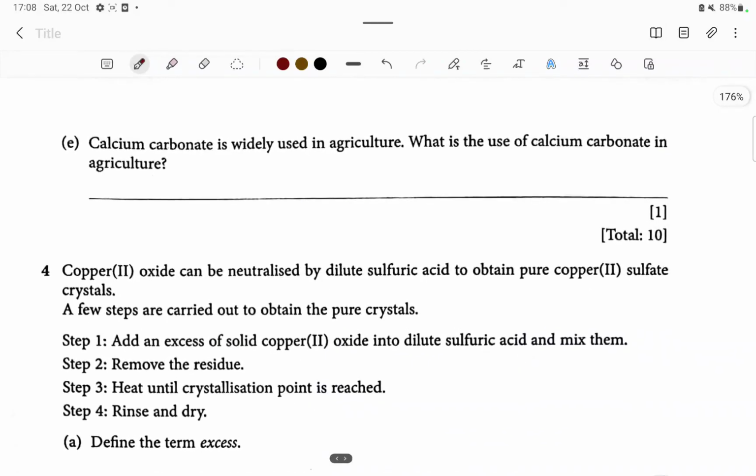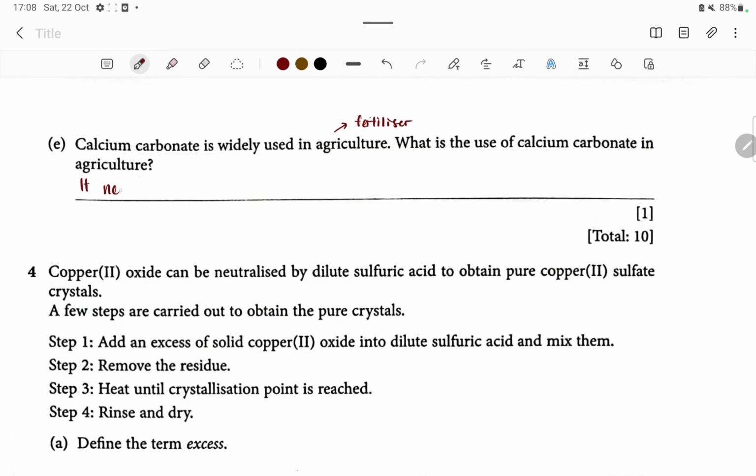Calcium carbonate is widely used in agriculture. What is the use of calcium carbonate in agriculture? So this one, we'll use it as fertilizer lah. But we cannot straight away write this lah. So this one, why do we use it as a fertilizer? Because we want to use it to neutralize.